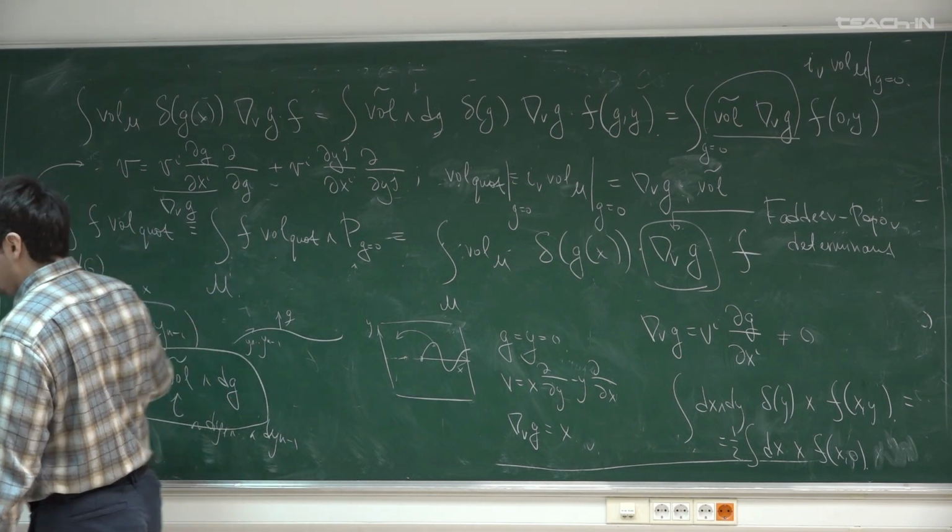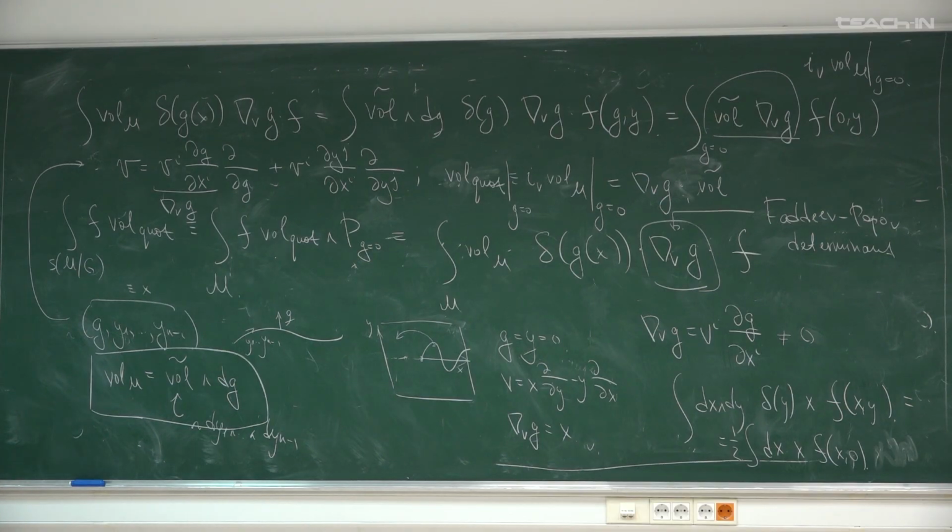So the original integral is related to this as: the integral of f volume M should be equal to the volume of G times this. The volume of the group, I mean the full volume, not the volume form.